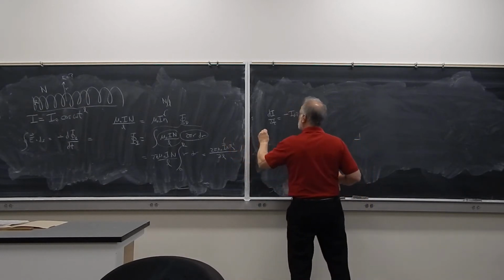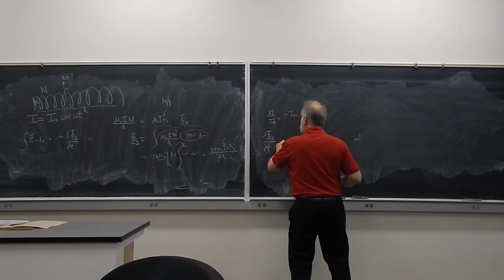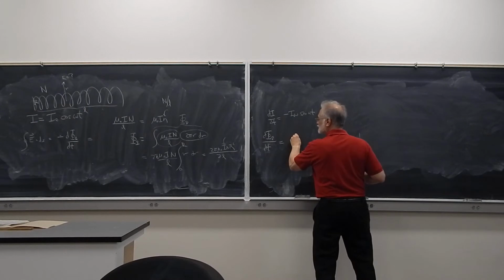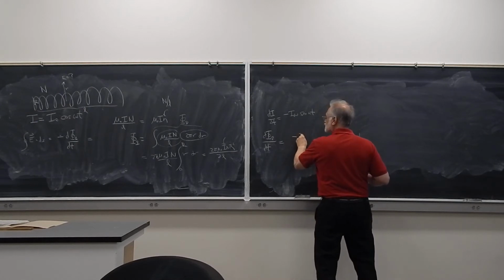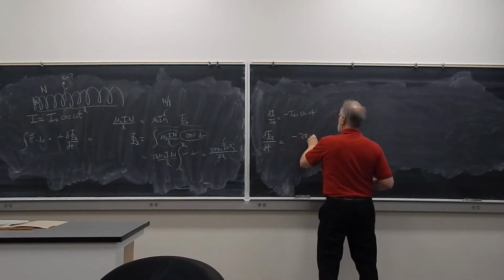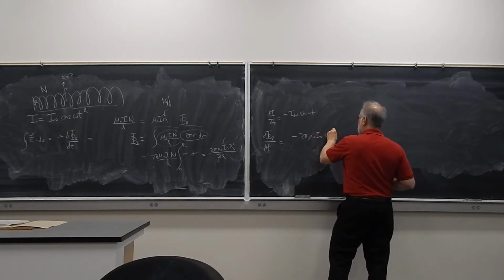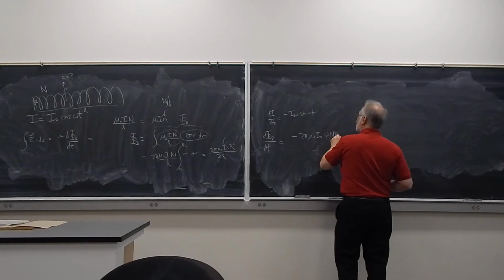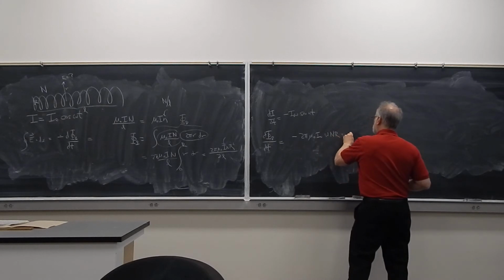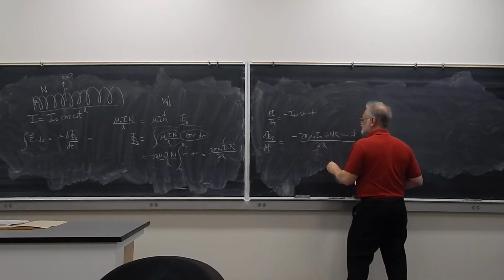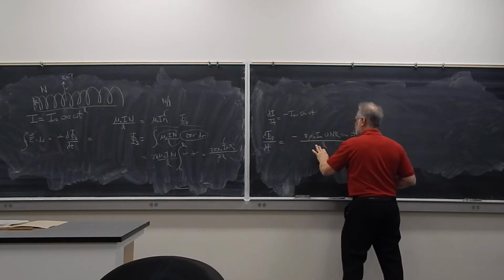So my change in flux with respect to time would be minus 2 pi mu naught I naught omega times N times R squared times sine omega t divided by 2L, and of course I can cancel the 2's.